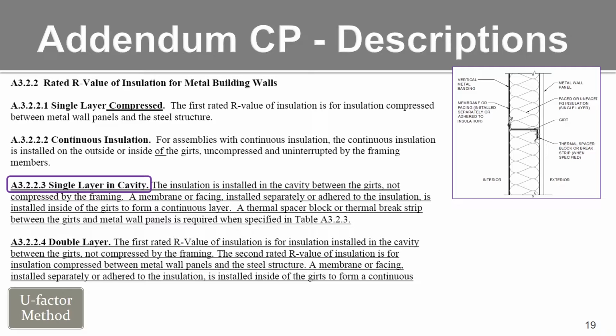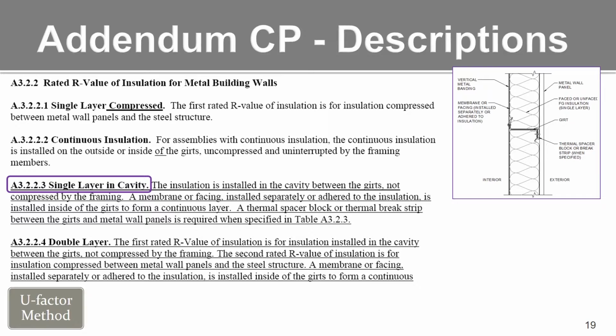Remember, there was a footnote, so there is a small little sliver of a thermal spacer block. I believe it's 0.375 from memory. If you use that table, product suppliers may have insulation assembly U factors without a thermal spacer block.